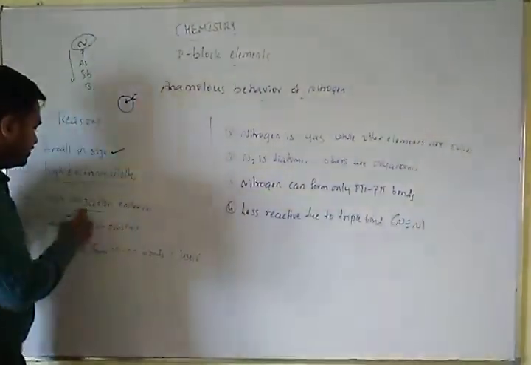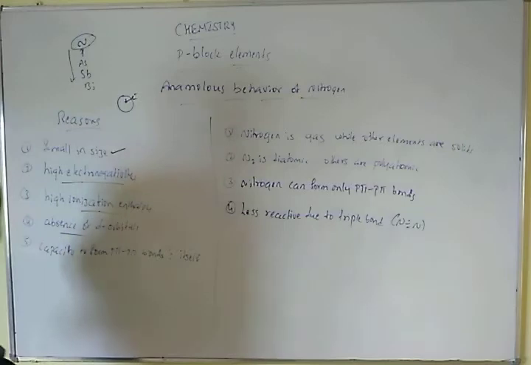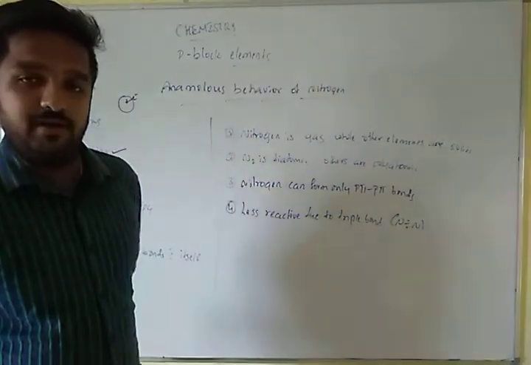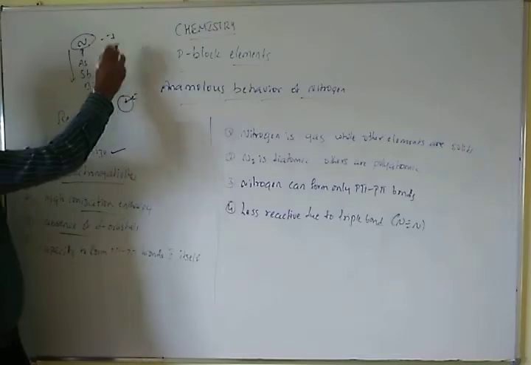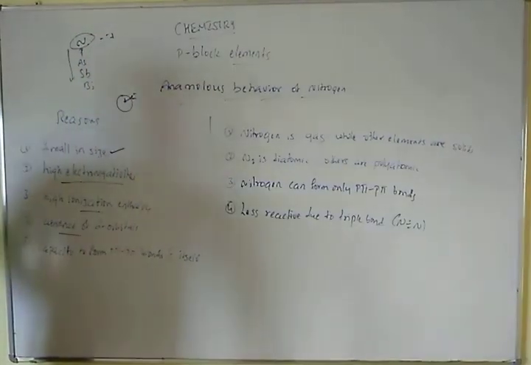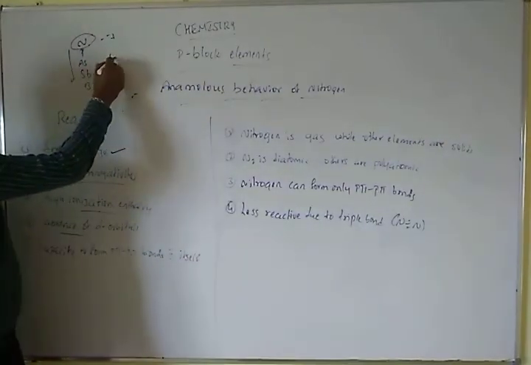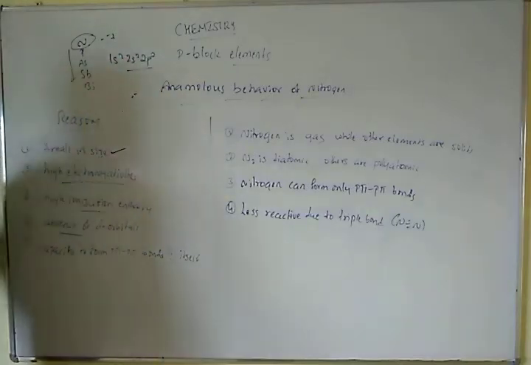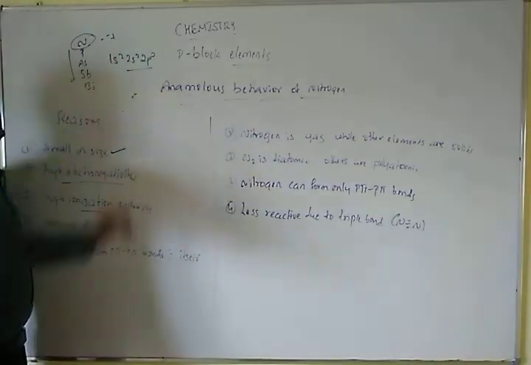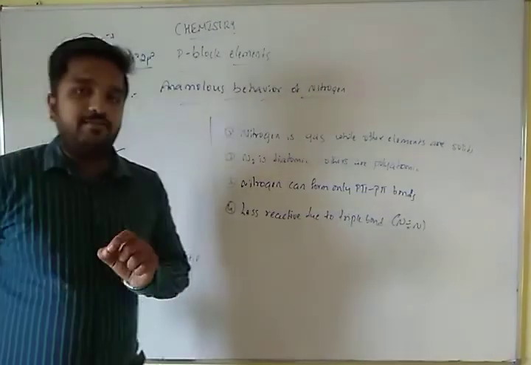The fourth point is the absence of d orbitals in nitrogen. For example, look at the electronic configuration of nitrogen: 1s2, 2s2 and 2p3. There are no d orbitals, only s orbital and p orbital.